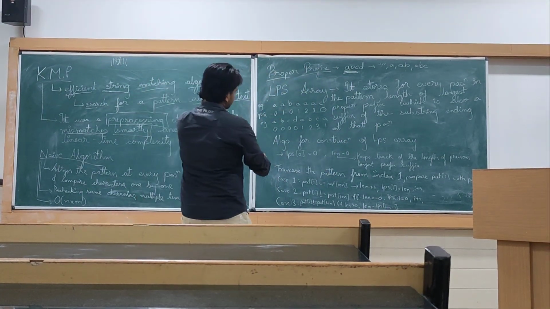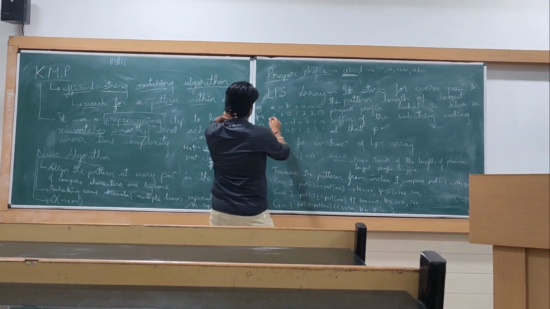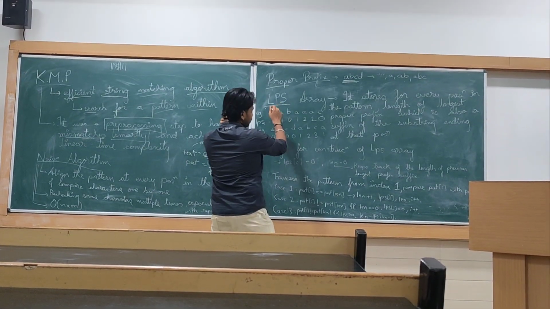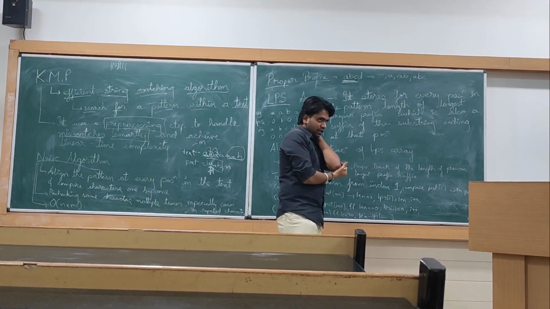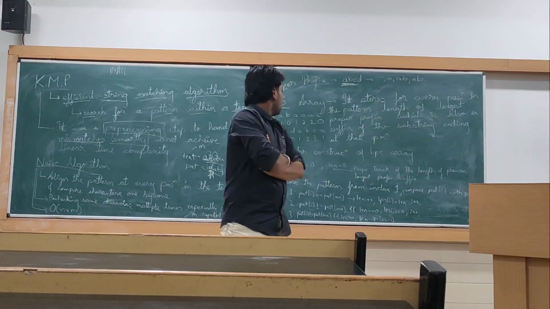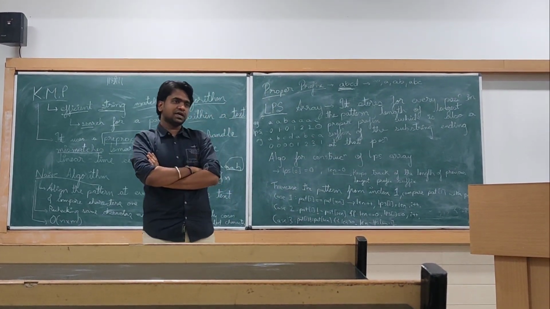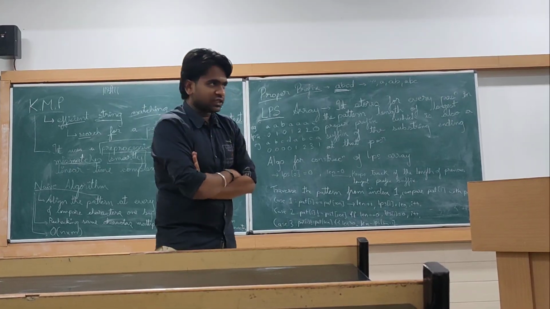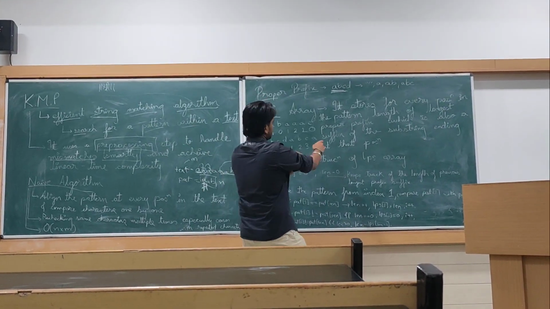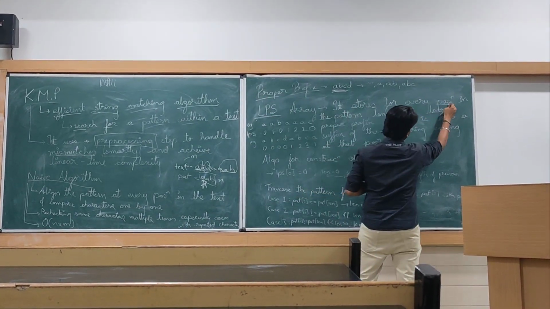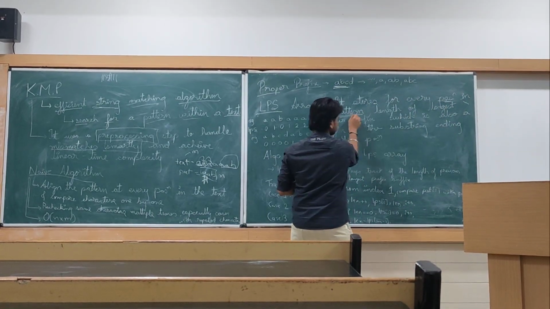Now, try to understand something which is LPS, right? In the pre-processing step, we create an LPS array. What is an LPS array? It stores for every position in the pattern.